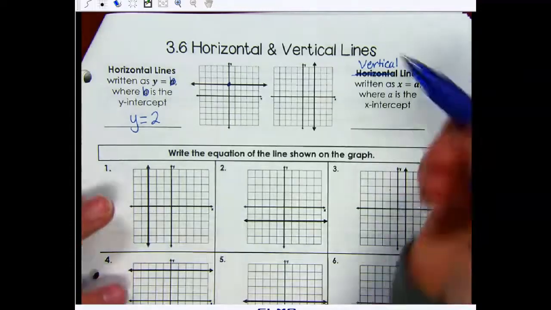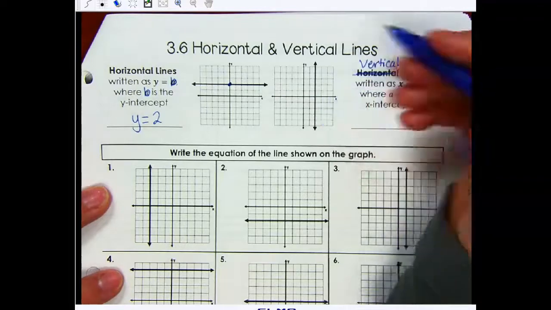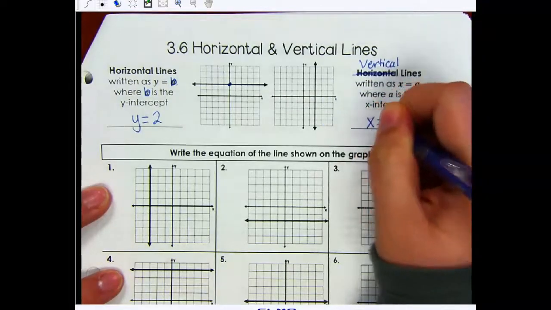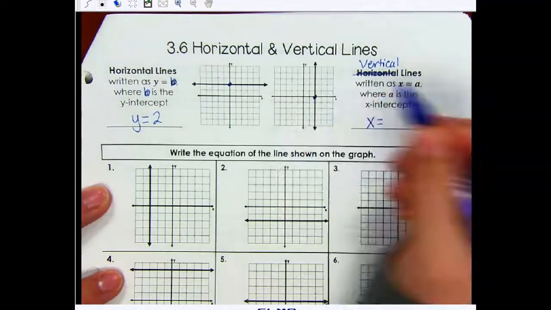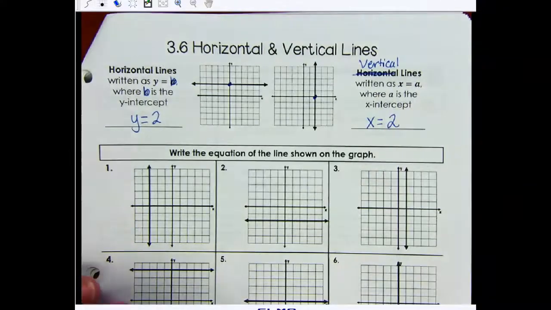A vertical line is the opposite, so it's crossing the x-axis, so that's why we're going to look for the x-intercept. The x-intercept for this is also 2 on the x-axis, and so the equation of a vertical line is x equals 2.